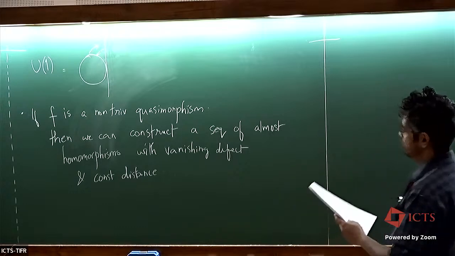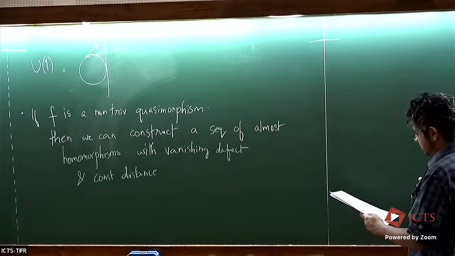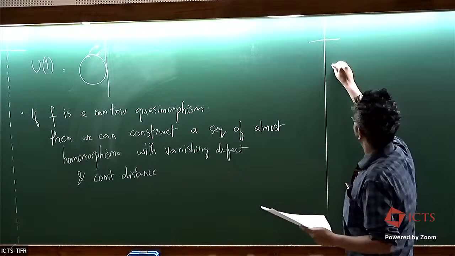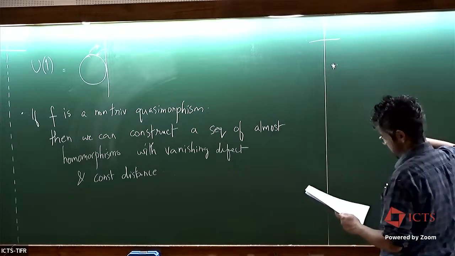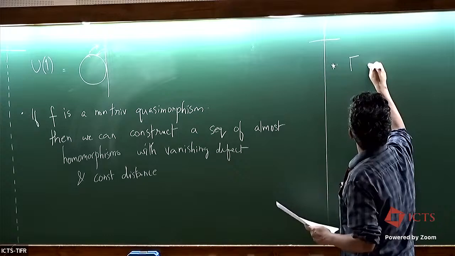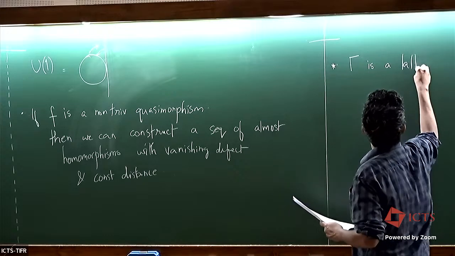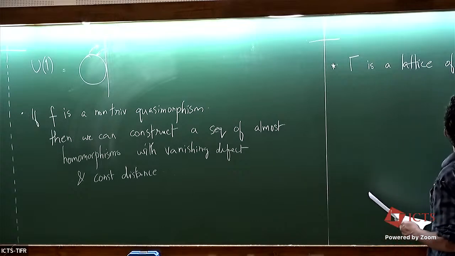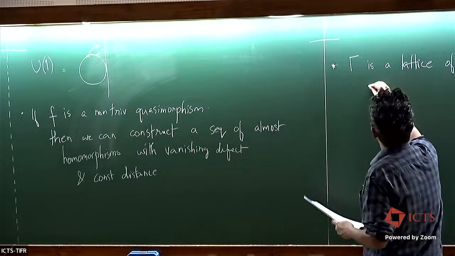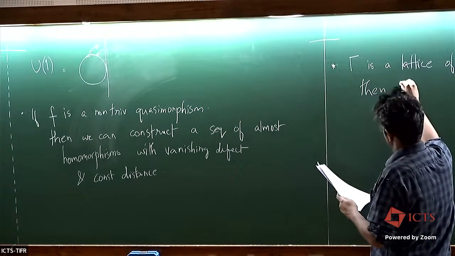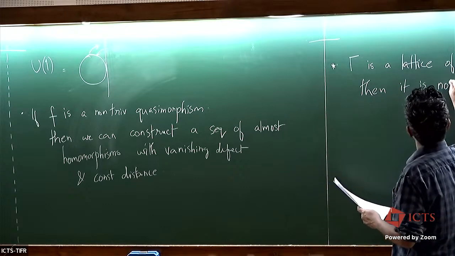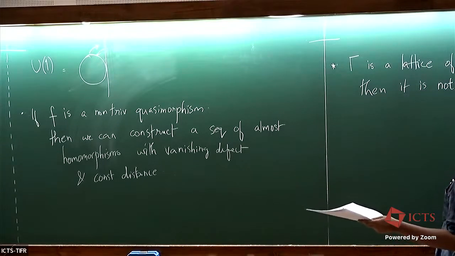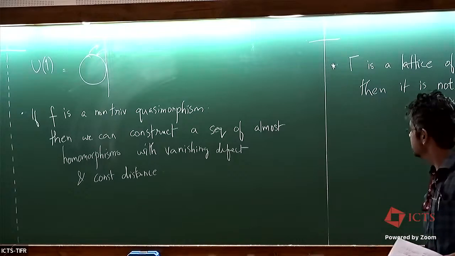Okay. So final remarks on just this part: based on all this I have said, we can make some first small conclusions, which is that if gamma is a lattice of rank 1, then it is not U1 stable, and therefore not UN stable either, because you can just embed U1 into UN.